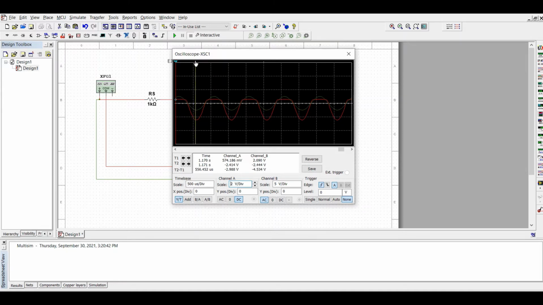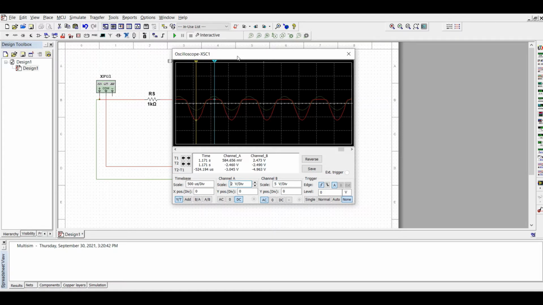Take it to the negative peak of the waveform. And there is a cursor 1. Take it to the positive peak of the waveform. Cursor 1 and cursor 2 will give the positive value and the negative value of the waveform.